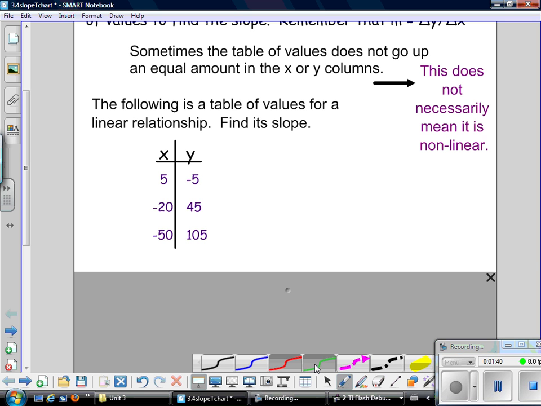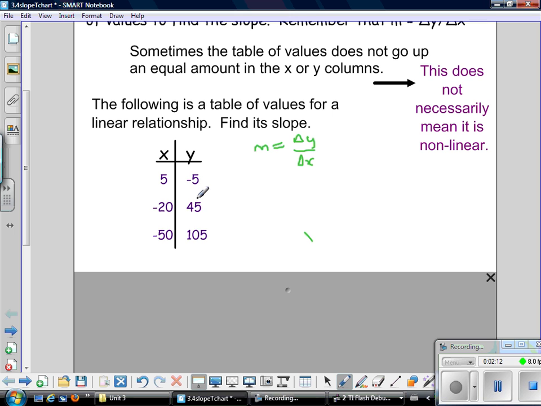So I'm going to switch to the writing pen. We know that our slope equals delta y over delta x. When we look at our columns, because we have our y's and x's, we can actually do subtraction. What's kind of nice is that we can choose which numbers we want to work with.